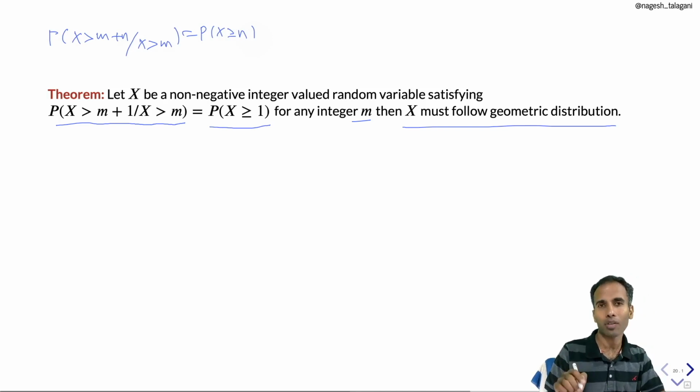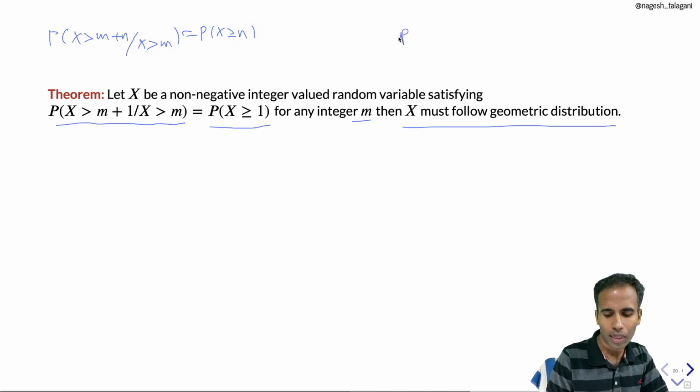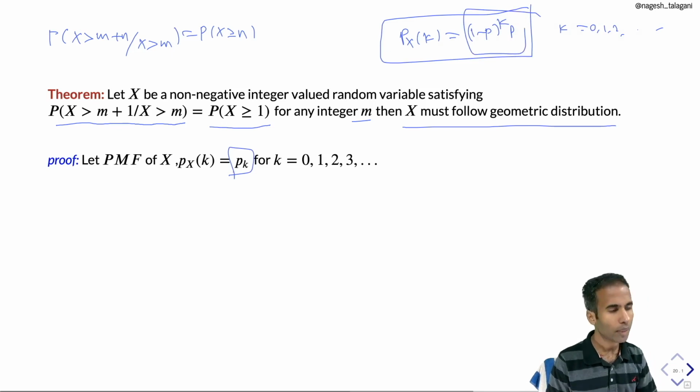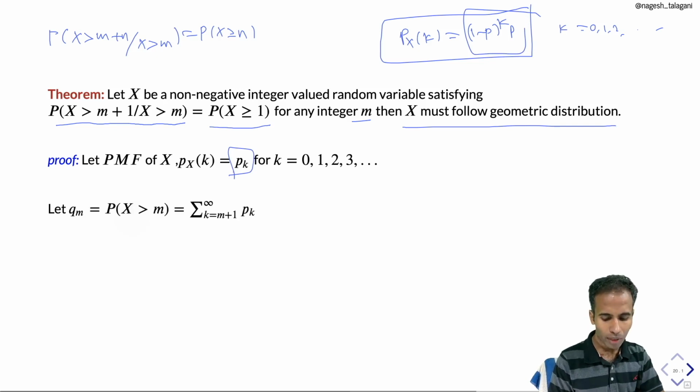To show X follows geometric distribution, we must show that the PMF of X must be in the form (1 minus p) to the power of k times p for some p. Let the PMF of X be p_X(k) equal to p_k. Next we have to show that p_k must be in this form for some p. Now let's name this probability of X bigger than m as q_m. q_m equals probability of X bigger than m.